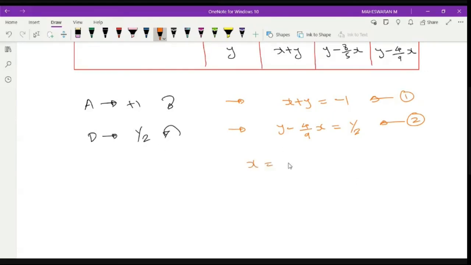So when you solve this, you are getting X is equal to -1.03 and Y is equal to 0.038, or 1/26, right? So this is the answer for the first subdivision.